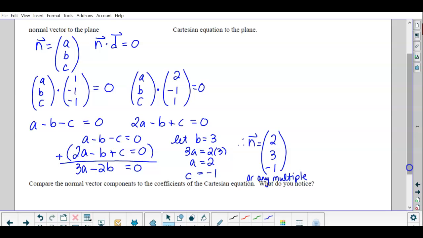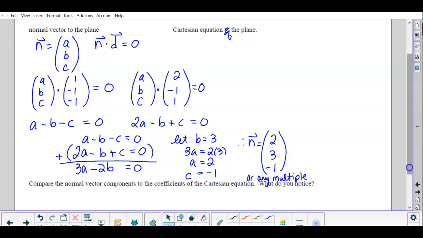So then for the Cartesian equation of the plane, you want to think about what we did for the Cartesian equation of a line. In 2 dimensions, we did that back in Math 20. In 3 dimensions, we found the parametric equations, and we let the parameters be equal to each other.